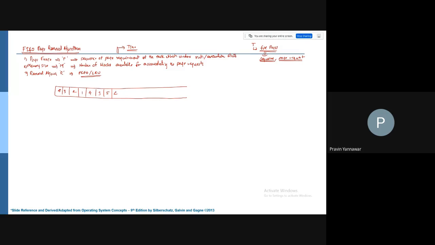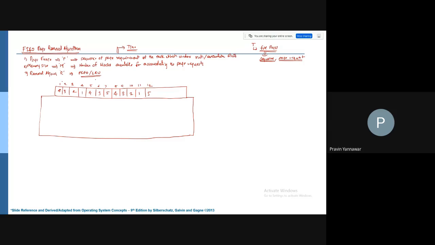Then again we are going to have 4, 3, 2, 1, and 5. Say for example these pages. We'll just count how many pages are here: 1, 2, 3, 4, 5, 6, 7, 8, 9, 10, 11, and 12. So you are going to have 12 pages. These 12 pages are being loaded into the primary memory.